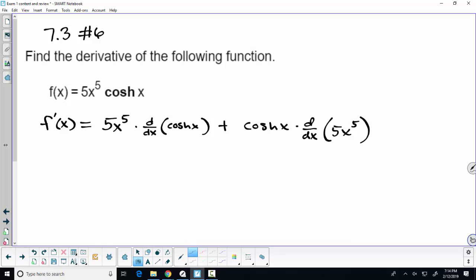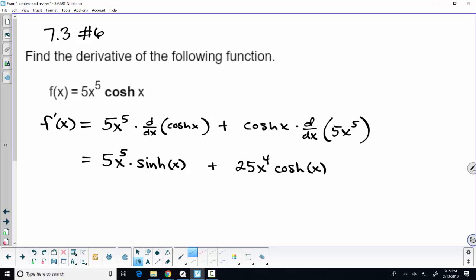So yeah, you do need to remember your derivative rules. You have to take derivatives of these things too. Yeah, that's pretty much it.